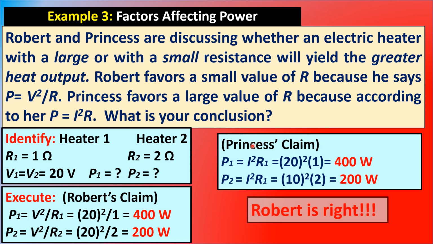But for the higher resistance of 2 ohms, with a given voltage of 20 volts, the corresponding current is in fact lower.